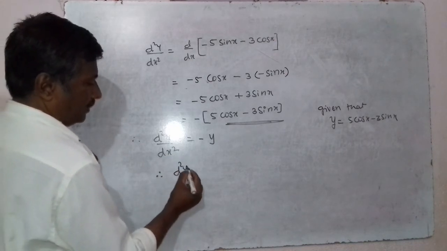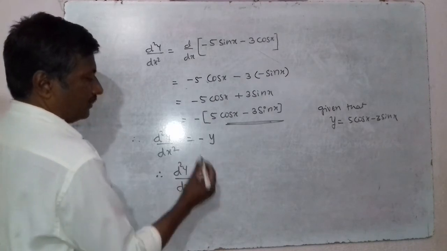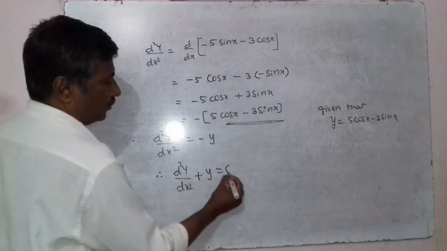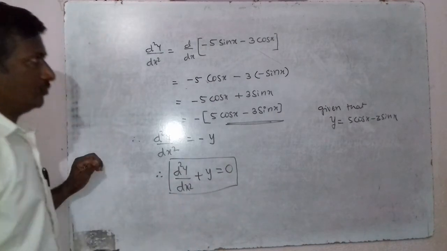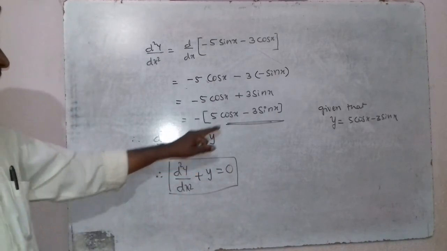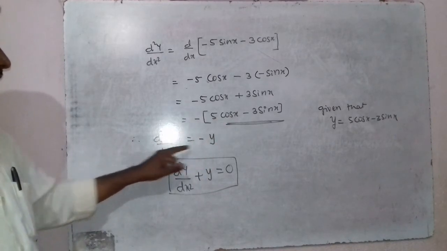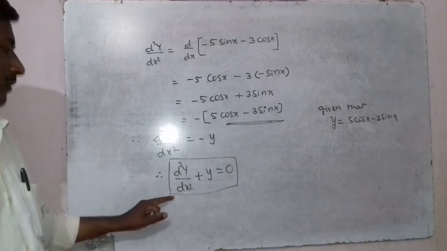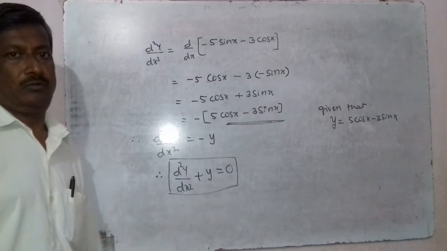Therefore d square y by dx square equals minus y, and bringing this to the LHS, d square y by dx square plus y equals 0, as required, or as shown in the problem.